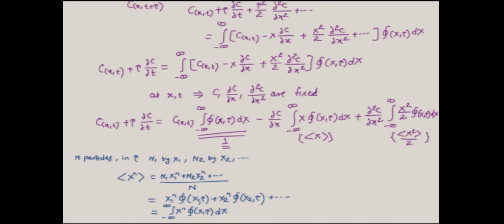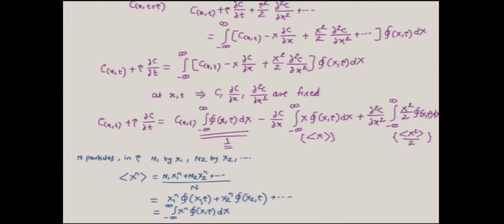So, if we write, the C of x t on right hand side will cancel with that on the left side. And this tau if we take on the right hand side, we get the expression dou c by dou t equal to mean square displacement x square by 2 tau dou 2c by dou x2 minus average of x by tau dou c by dou x.